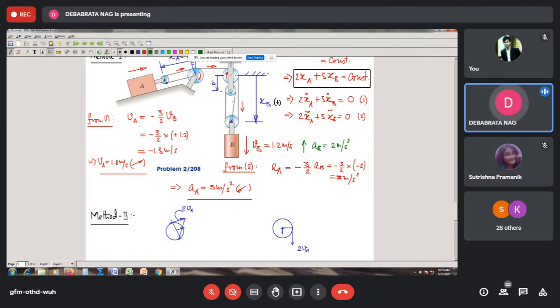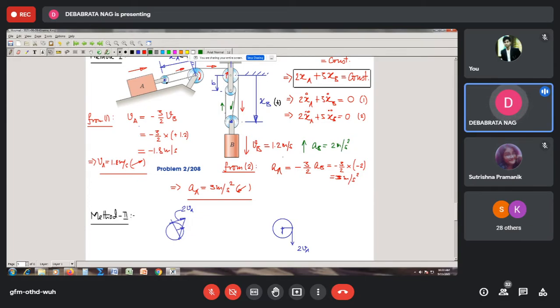So I can say this string is going in the downward direction. So it means that this string is going in the upward direction. Now since your pulley is rotating here, it is rotating like this.